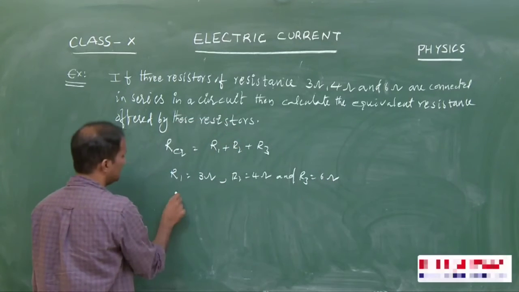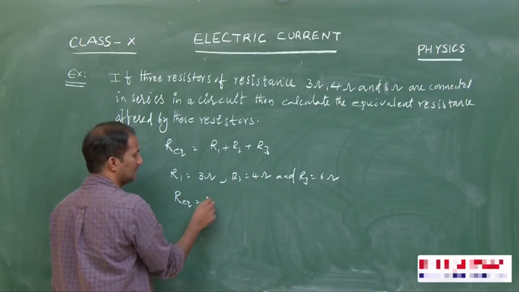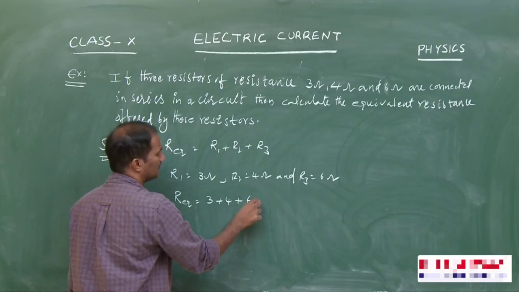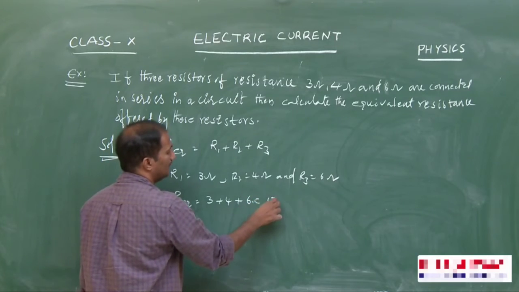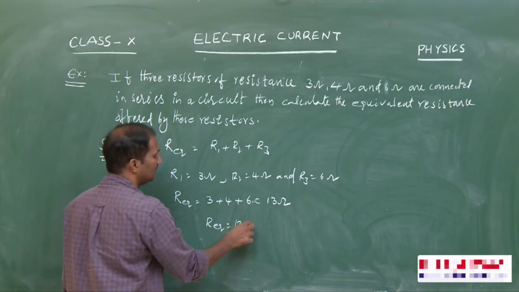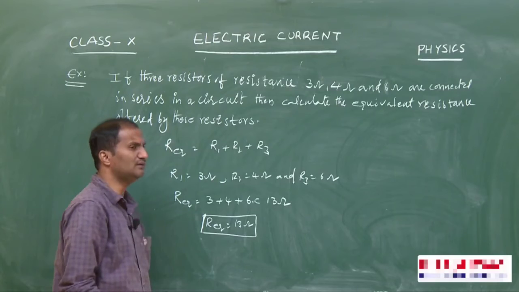The resultant resistance R equivalent is equal to the sum of the individual resistances, simply 3 plus 4 plus 6 ohms, which equals 13 ohms. So R equivalent is equal to 13 ohms.